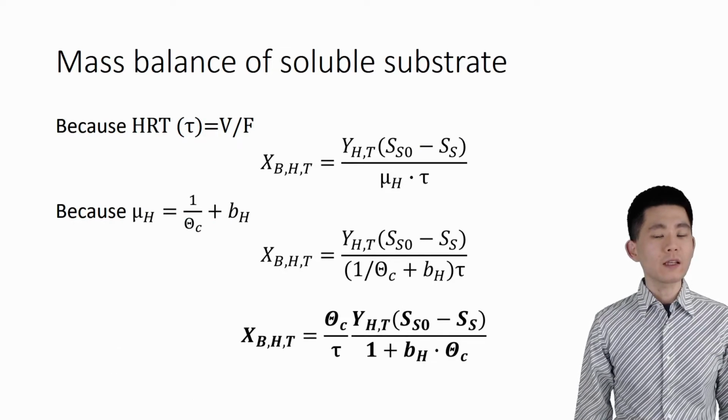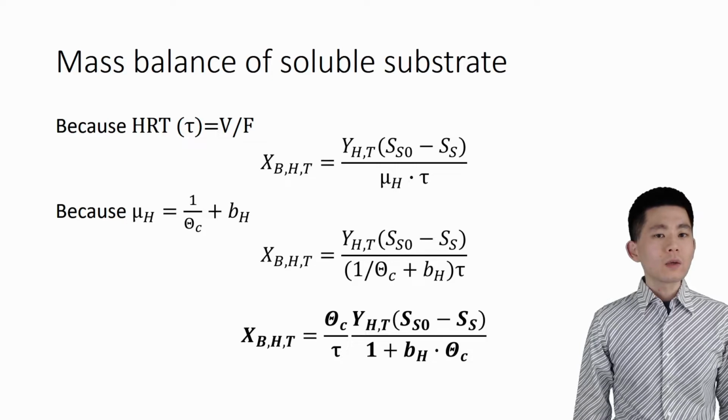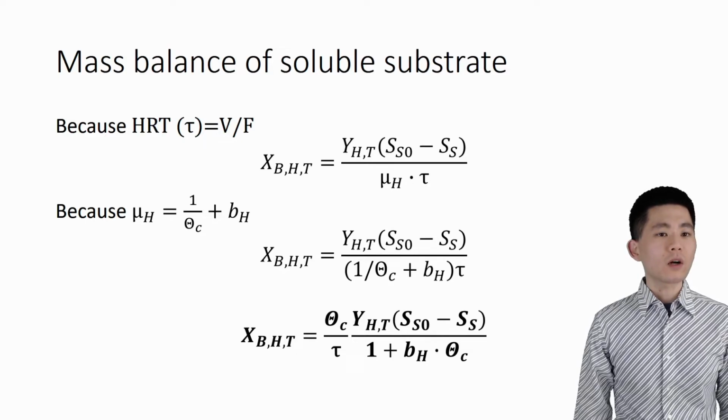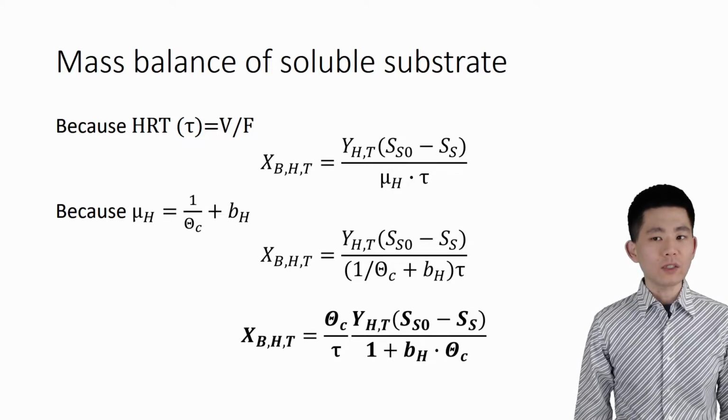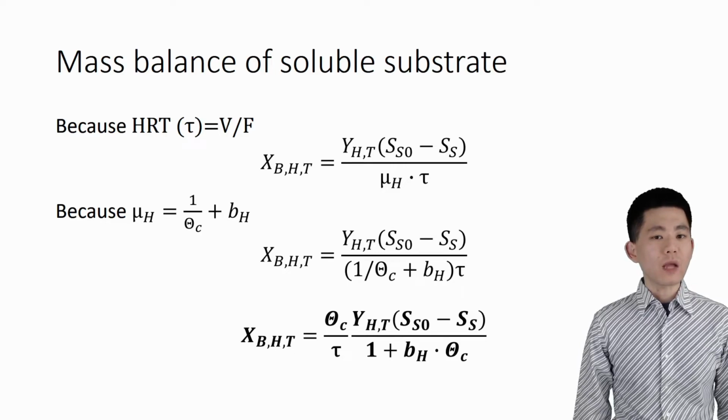Because we know that in the biomass separator configuration, the specific growth rate is 1 over SRT plus specific decay rate, we can substitute that to express the active biomass concentration XBHT determined by substrate concentration reduction, yield, specific decay rate, HRT, and SRT, all of which are known constants or design parameters.